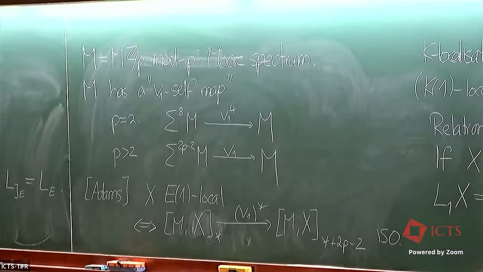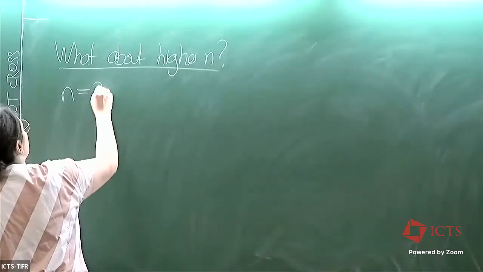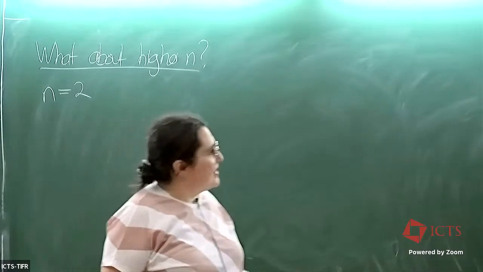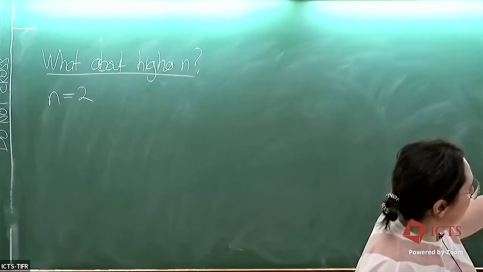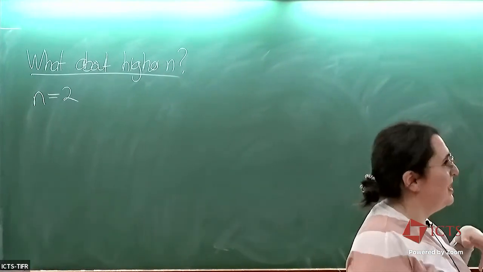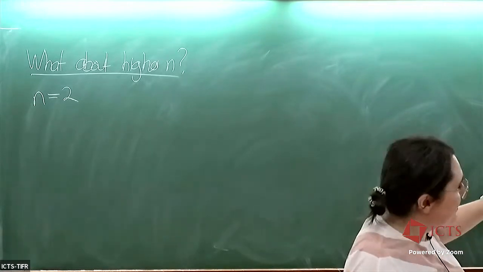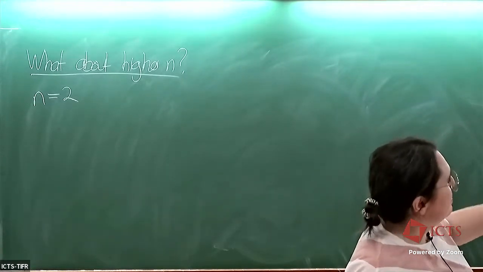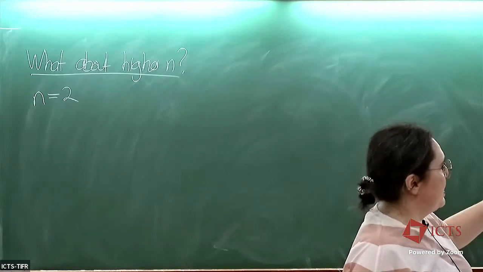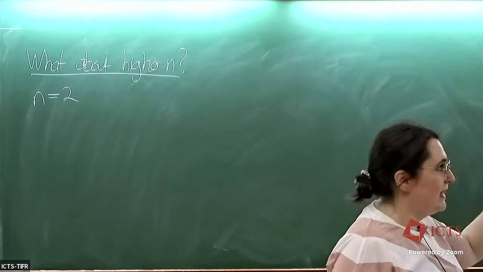So that doesn't mean that people don't try. So for n equals 2, just as E1 and K1 are related to K theory, well, they're actually much more than just related to K theory, but if you say n equals 1, people normally think, yeah, K theory.